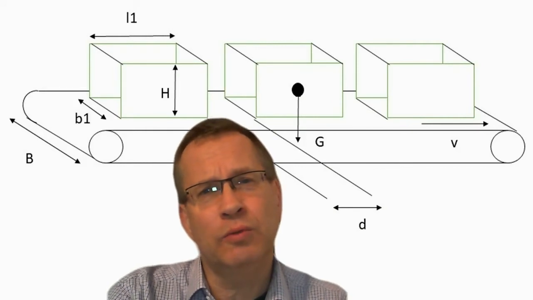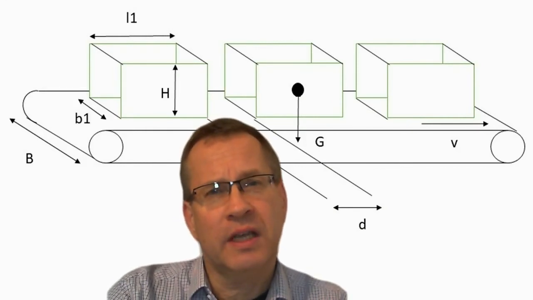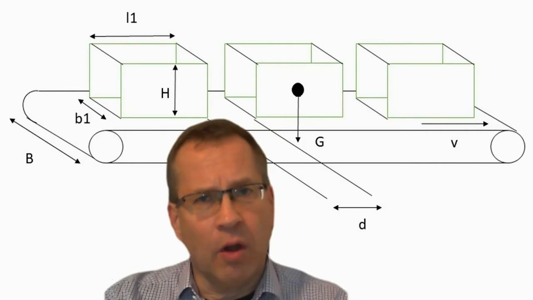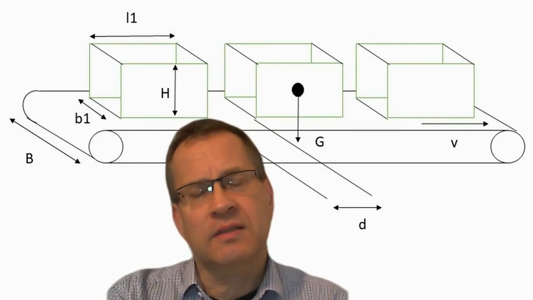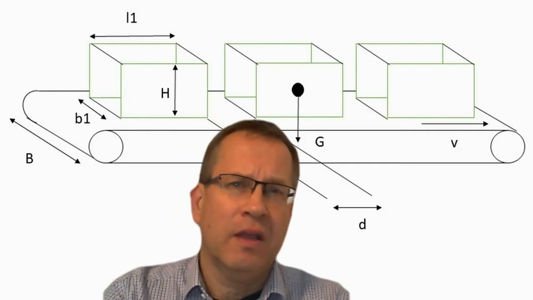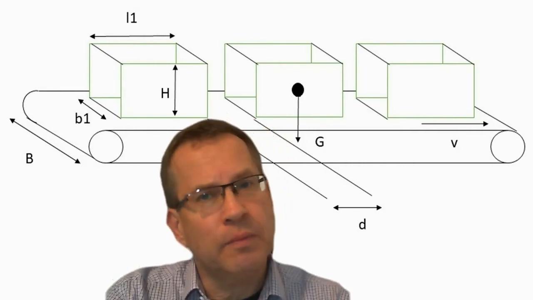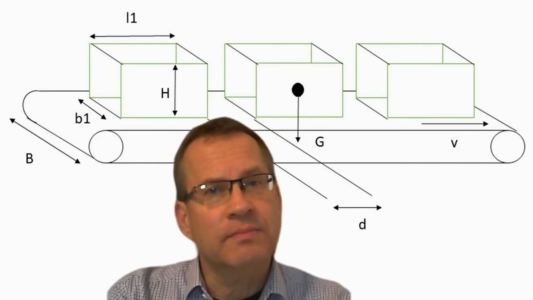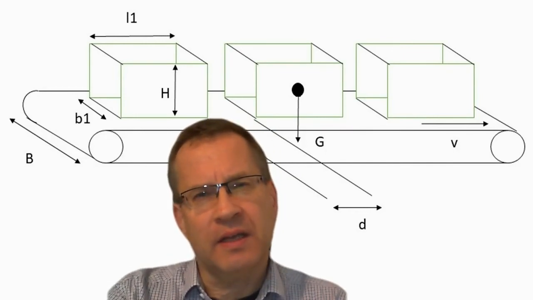Why do we rarely use those moving floors in normal production lines? Let's start with a definition. Behind me, you see the design of the principle of conveying products in such a production line. You see the definition of a product: the width, B1, the length, L1, and the height, which is H in this design.